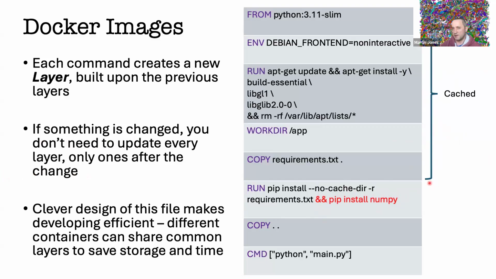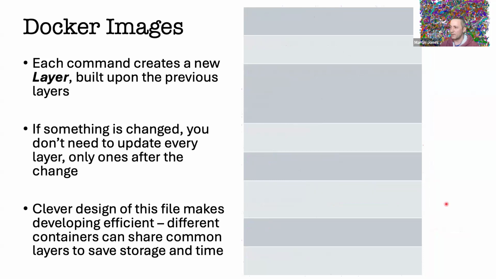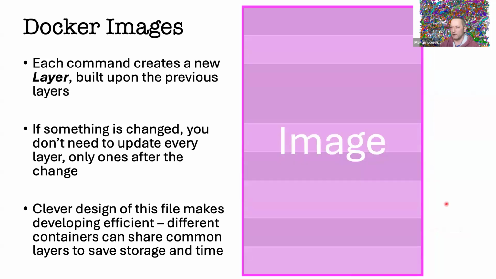This is already cached and saved, and I don't need to rebuild it. I only need to rebuild the last parts after anything that I've changed. A lot of the tricks in containerization is doing this efficiently, so you don't have to keep rebuilding lots of things. And this whole thing now is the container image.